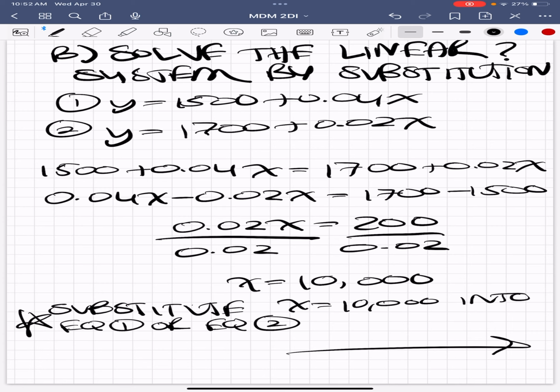So we're going to substitute x equals 10,000 into equation 1 or 2.